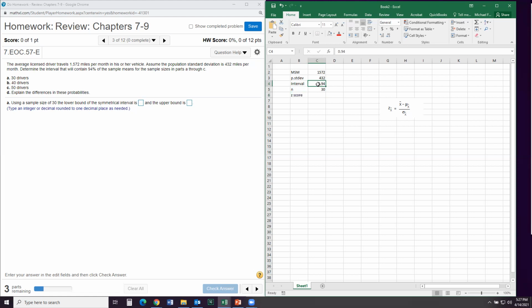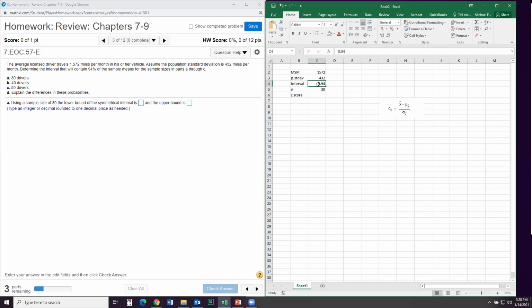So I'm looking for an interval where we have 94% of it inside and 6% of it outside of that interval. Okay, and so I'm looking for 3% of the data out at the top end, the positive side of the distribution, and 3% at the bottom end.